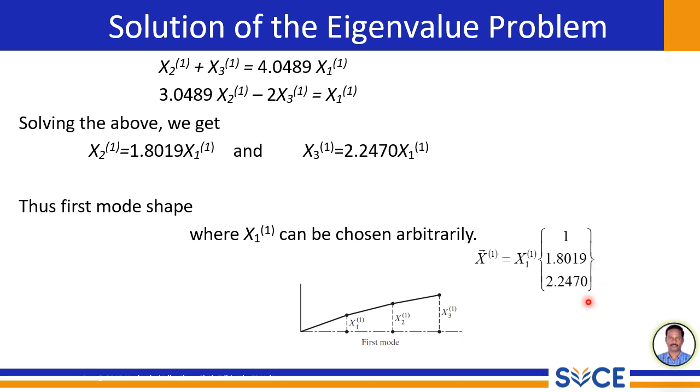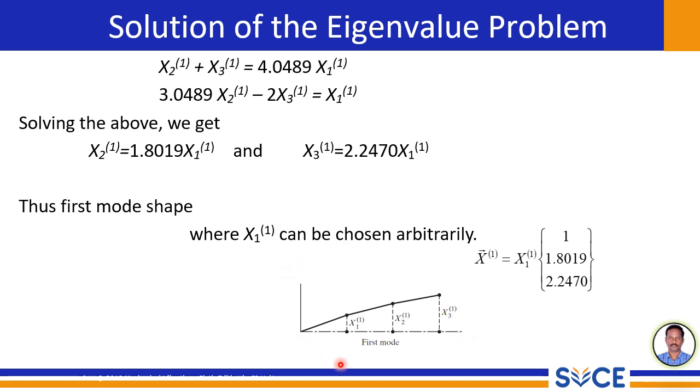For a scale on the x-axis, at mass 1 the unit displacement is 1, so I will take the scale as 1 centimeter equal to 1 unit. I can draw 1 centimeter here. For the second mass I can draw 1.8 centimeters, and for the third mass 2.24 centimeters.